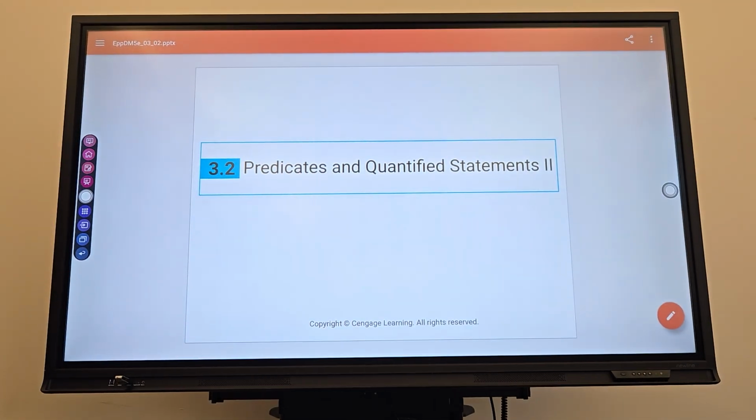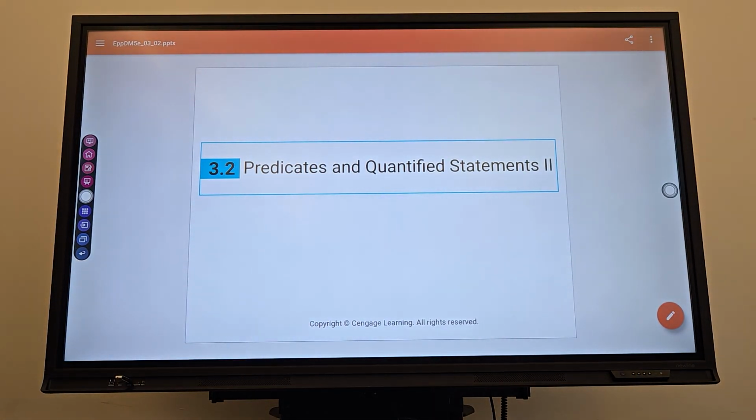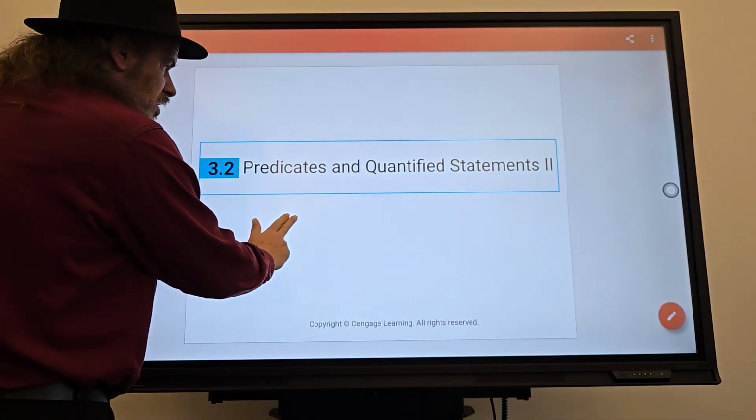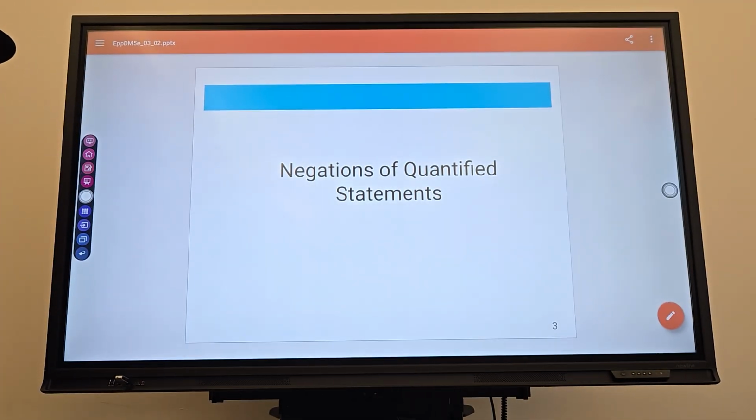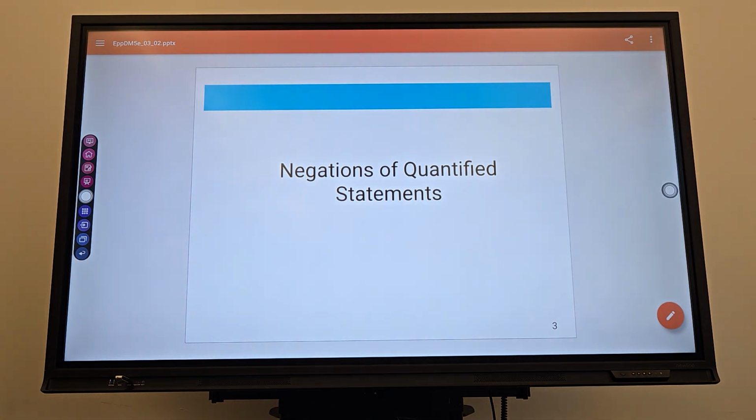Okay, predicates and quantified statements, part 2. Negations of quantified statements. A lot of the same rules apply that we applied to regular logic in the second chapter.